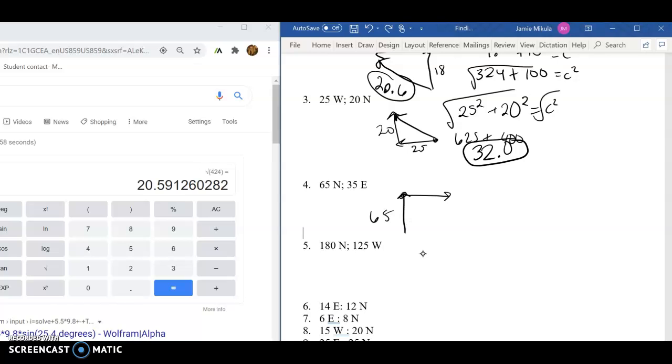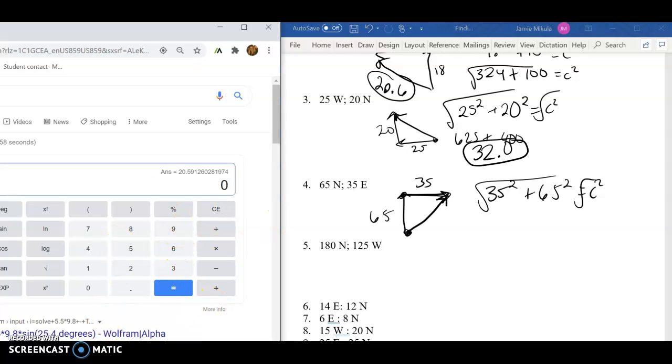If I end here, I have to start my next one there. So that's going to be 35 east. So my resultant is from where I started to where I ended. So I'm looking for that. So I'm going to do a squared plus b squared equals c squared. So whichever side, 35 squared plus 65 squared equals c squared. I'm going to have to take the square root of all that.